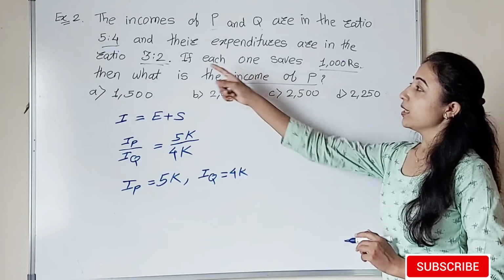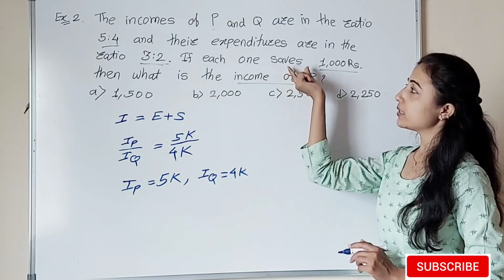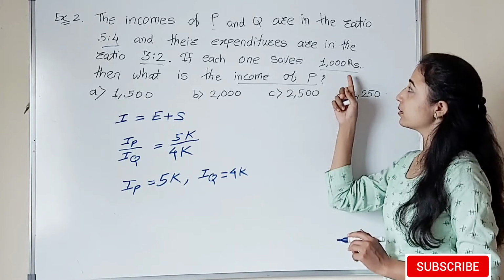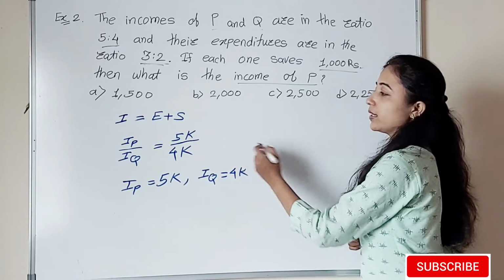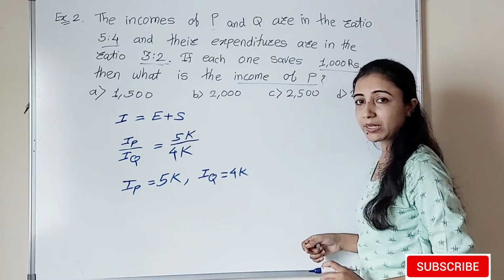Now here the expenditure is in the ratio 3:2 and both are saving 1000 rupees. So income minus saving is nothing but expenditure. If we subtract the saving from the income, the saving is 1000 rupees here and again 1000 rupees here. So actually what we are doing, income minus saving, is nothing but expenditure.